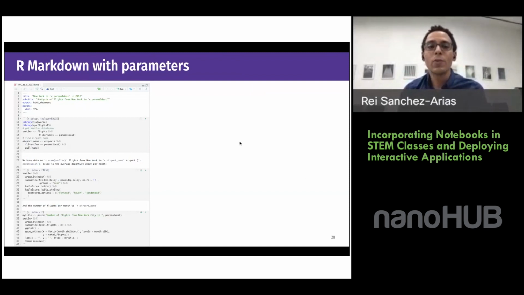In this example, I'm showing how you can easily work with an R Markdown document that includes parameters, and in this case, is to explore a data set that includes all the flights that left the city of New York in the year 2013.